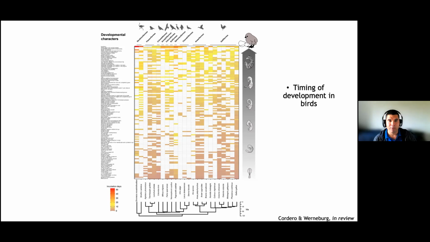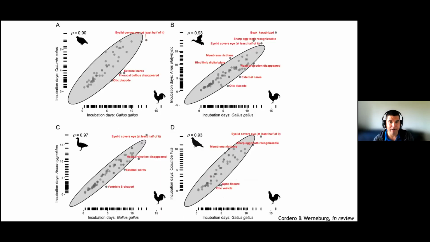But we were able to extract data from the literature. I should say that this is all data from the literature for some interesting species. We found some interesting things, but what we wanted to know was what happens if we compare to our domesticated species, our model species, which is chicken.